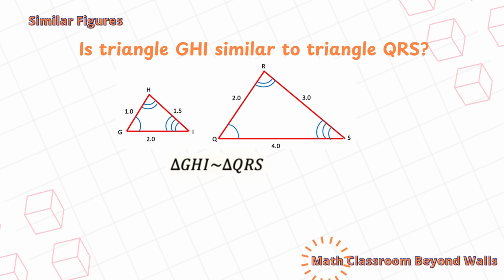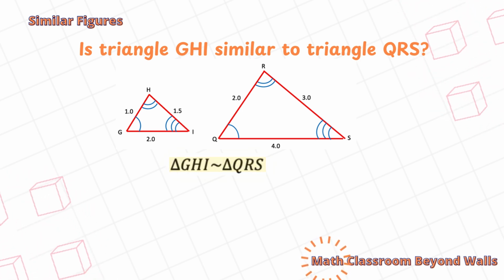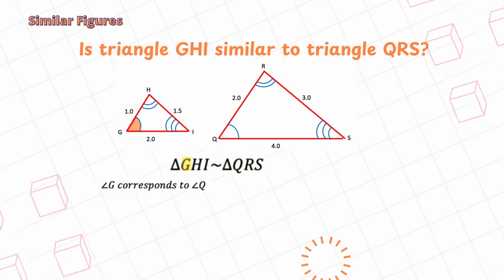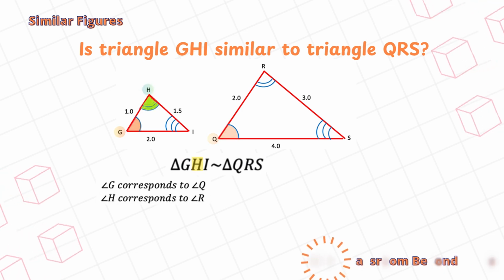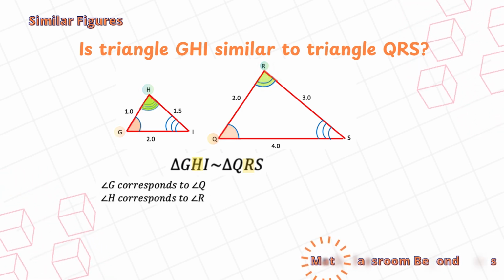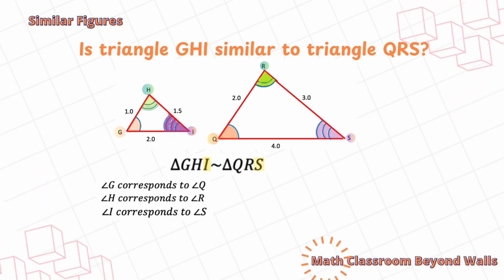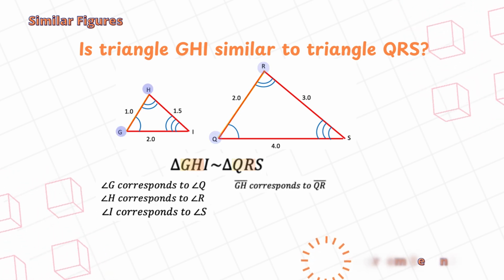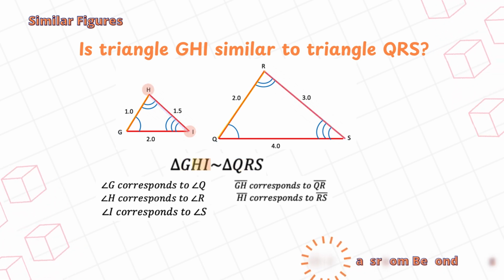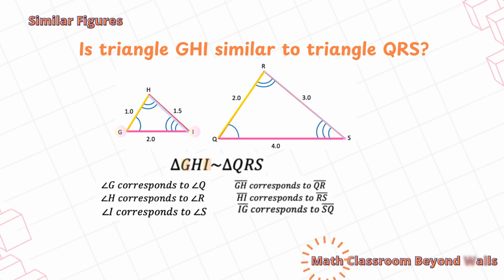In the case of these two triangles where triangle GHI is similar to triangle QRS, angle G corresponds to angle Q, angle H corresponds to angle R, and angle I corresponds to angle S. In like manner, GH corresponds to QR, HI corresponds to RS, and IG corresponds to SQ.